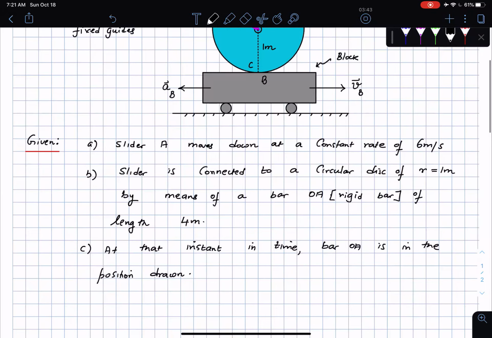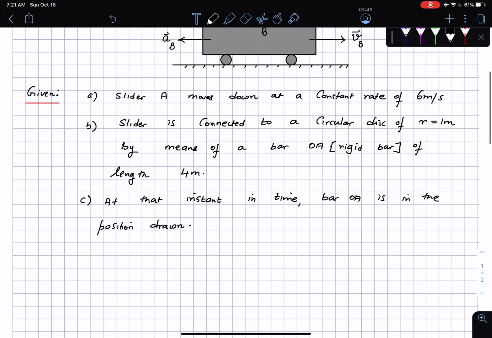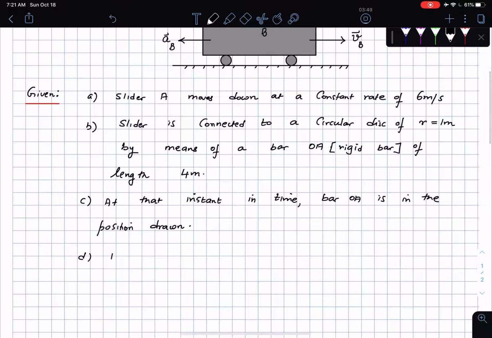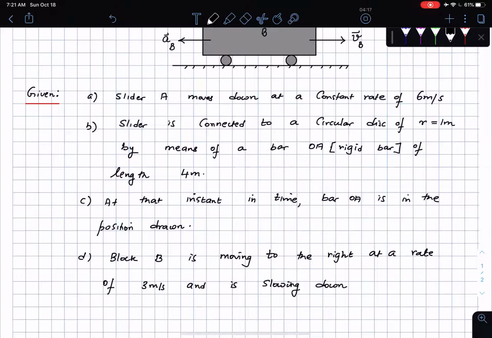Okay, and then one more thing is that the block B is moving to the right at a rate of 3 meters per second and is slowing down at a rate of 4 meters per second square.